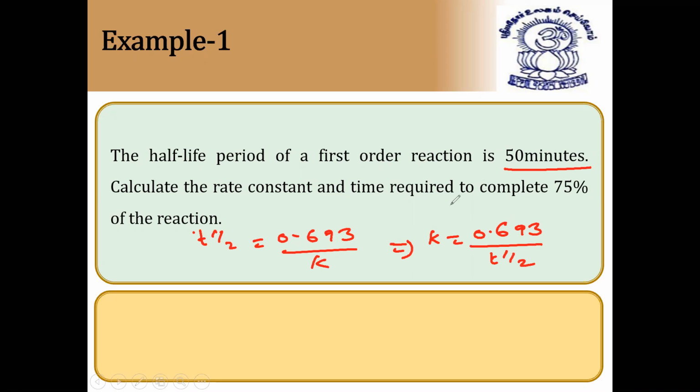T half is given as 50 minutes. You have to change them into seconds. So K is equal to 0.693 divided by 50 into 60, and now you'll get the answer.